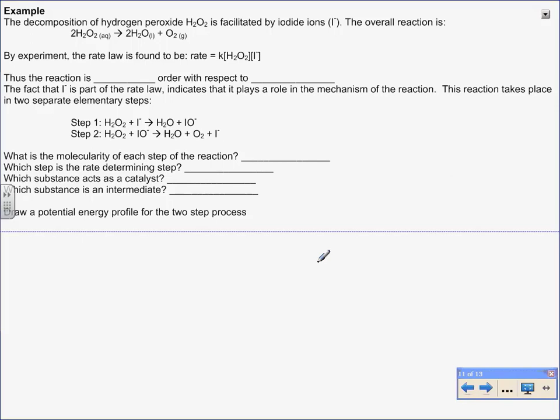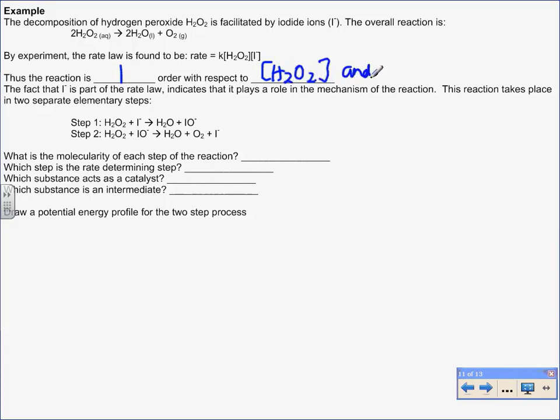So the experiment is completed and the rate law is found to be rate equals k times the concentration of H2O2 times the concentration of iodide ions raised to the 1. So this particular reaction is first order in both H2O2 and I minus.